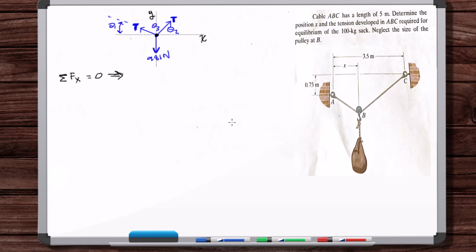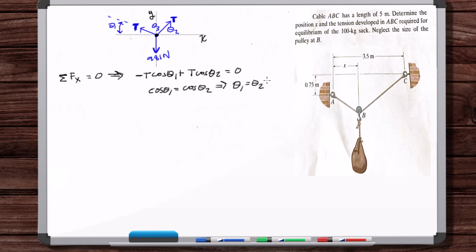So minus T cosine theta 1 plus T cosine theta 2 is equal to 0. We can divide through by T, and so cosine theta 1 is equal to cosine theta 2. So this tells us that theta 1 is equal to theta 2.